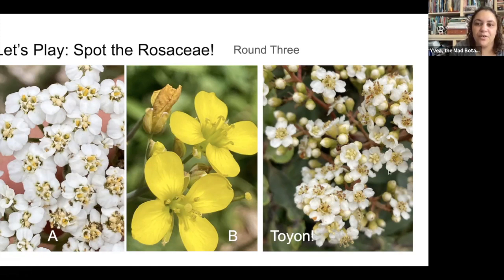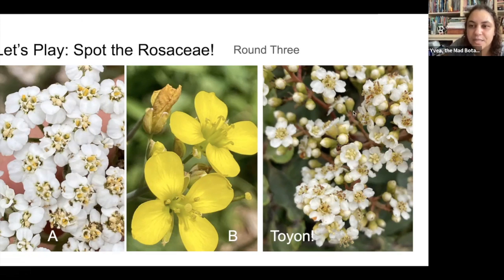And our final one here, what tells people that this one was the Rosaceae? I see 5 petals, yep. Lots of stamen. Yep, tons of stamens.